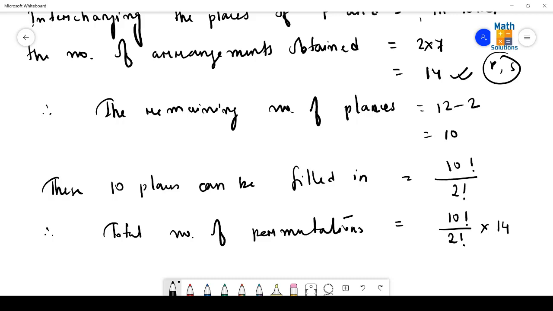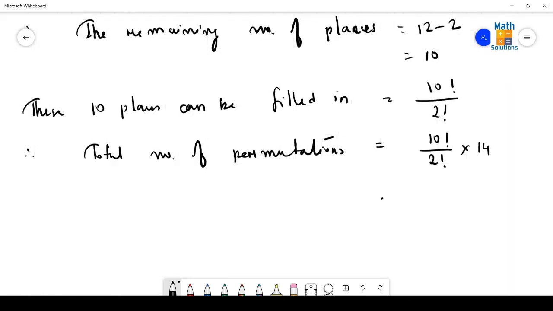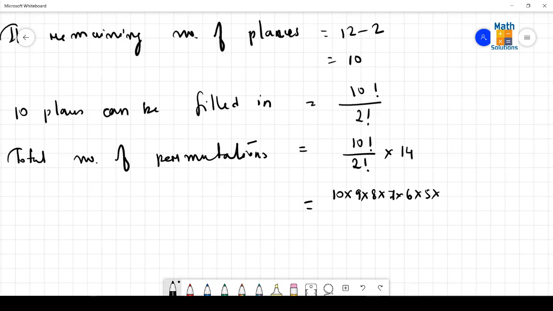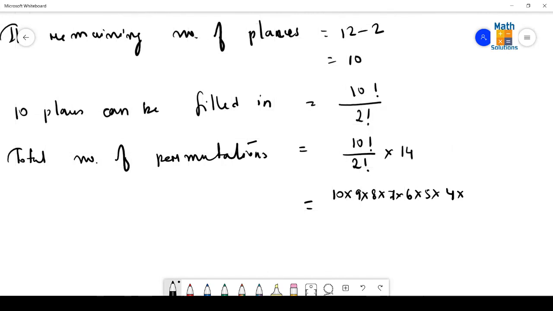So after reducing this calculation, we have to perform 10 into 9 into 8 into 7 into 6 into 5 into 4 into 3 into 2 factorial divided by 2 factorial into 14.